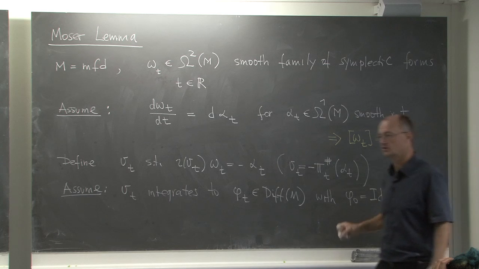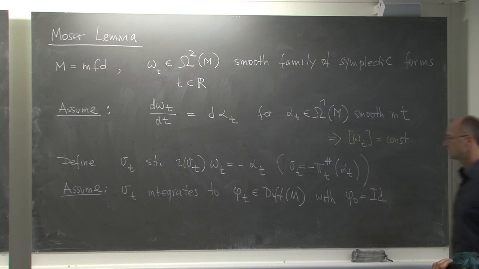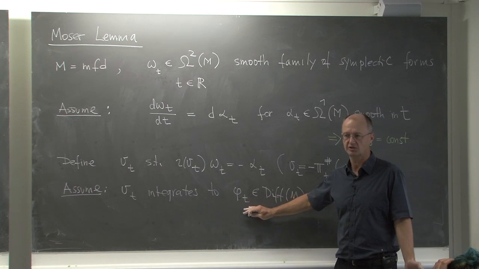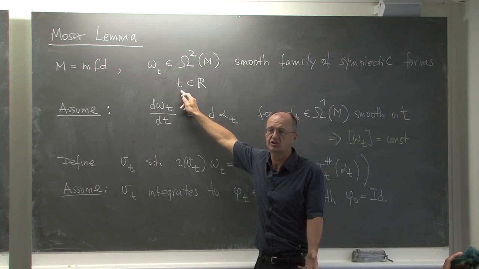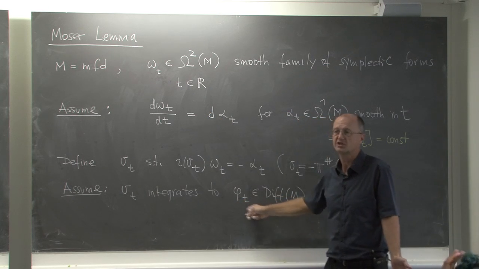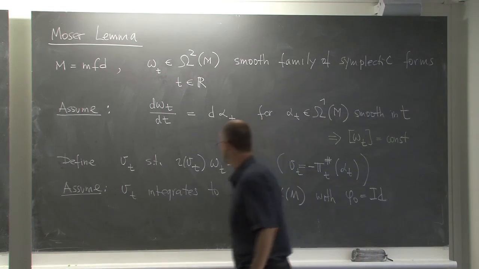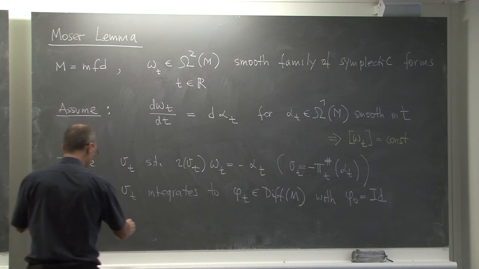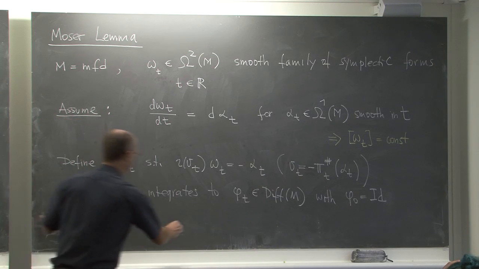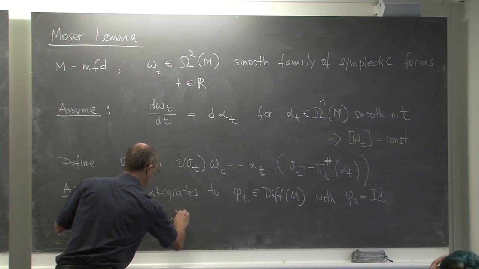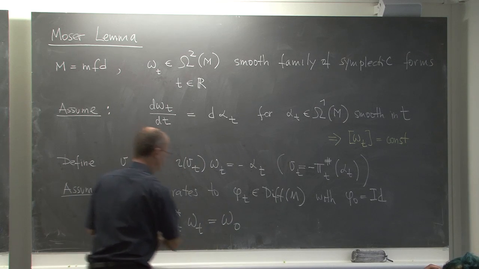I want to integrate this family of vector fields to a family of diffeomorphisms. In general, this is not guaranteed to work, or for sure it's not guaranteed to work for all t. So we'll have to think about it every time. But now I just assume that this integration works. Then the conclusion of the Moser lemma is that phi t star omega t is equal to omega 0.